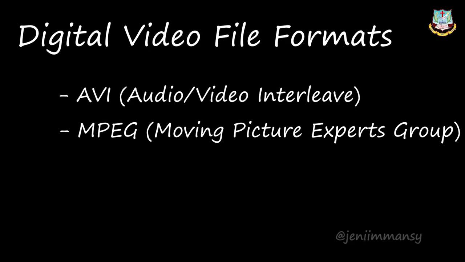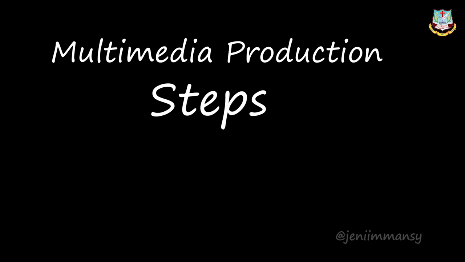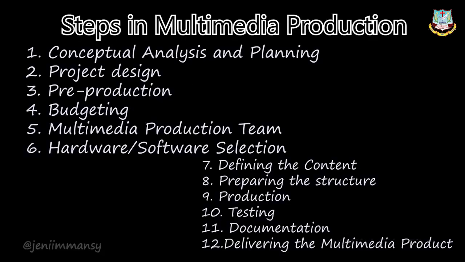Next we are going to move to multimedia production, the steps in multimedia production. The first step is conceptual analysis and planning. Next one is project design. Next is pre-production. First you have to plan, then we will need a design, right?